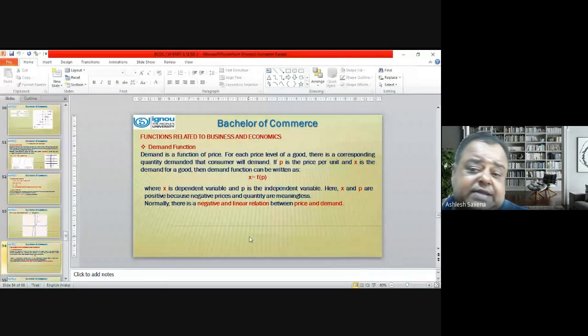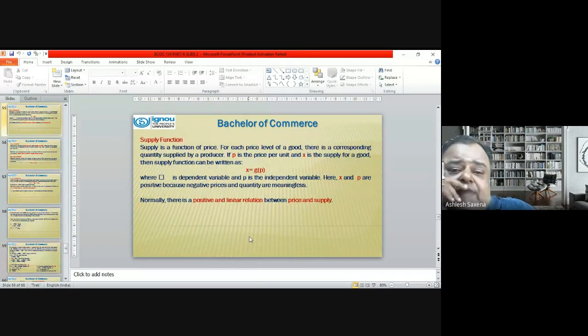Here X and P are positive because negative prices and quantity are meaningless. Normally there is a negative and linear relation between price and demand.